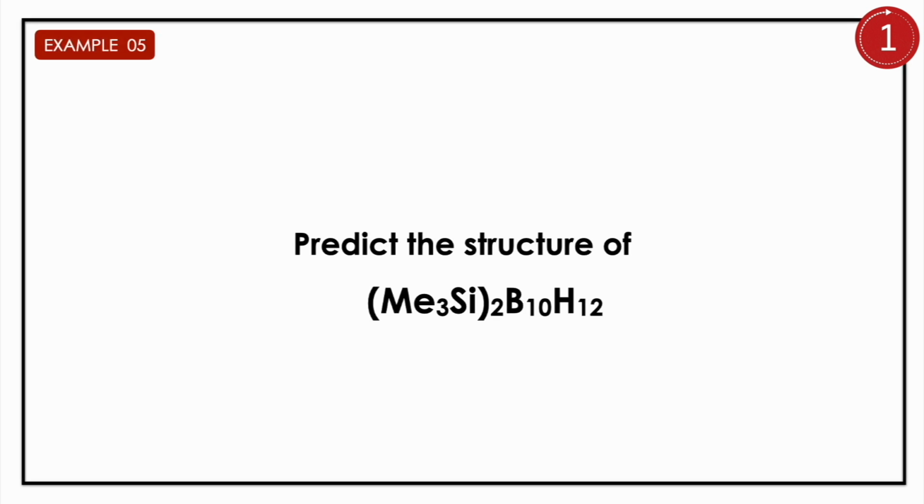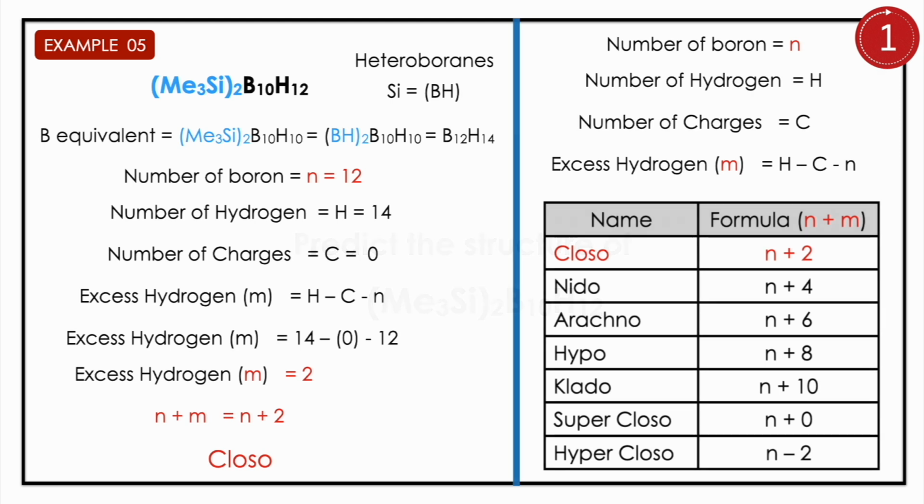Then the next example, here (Me3Si)2B10H10 is given. It is the heteroborane with silicon. You should find the structure using Wade's rule. According to Wade's rule, you should write boron equivalents for heteroborane. Here silicon with trimethyl is given.